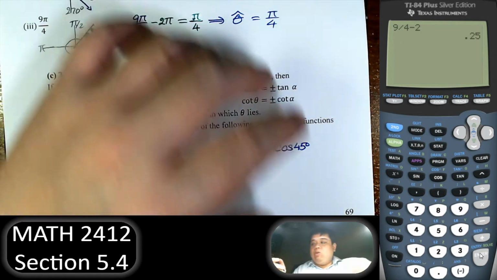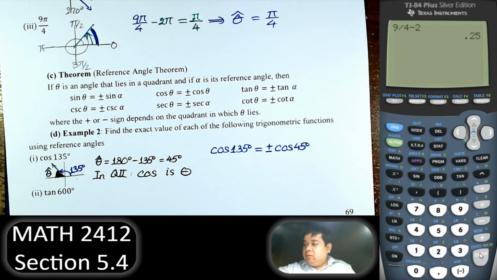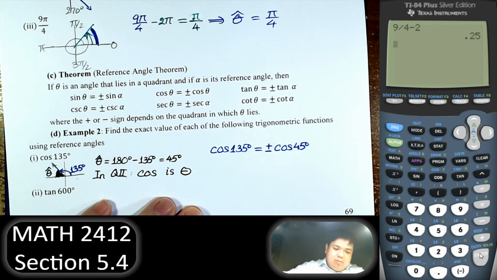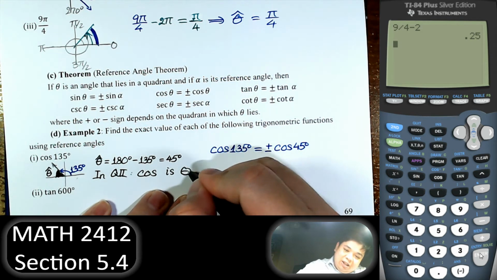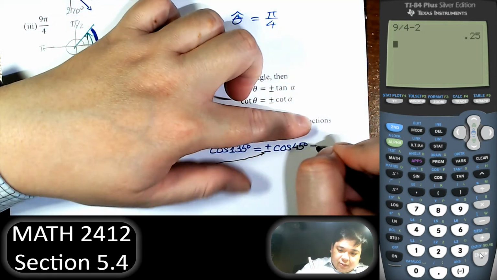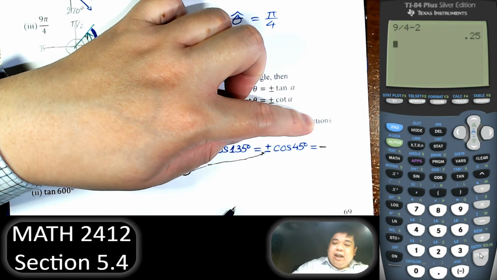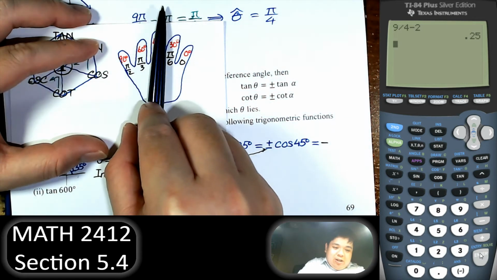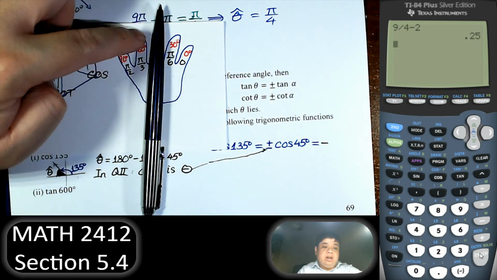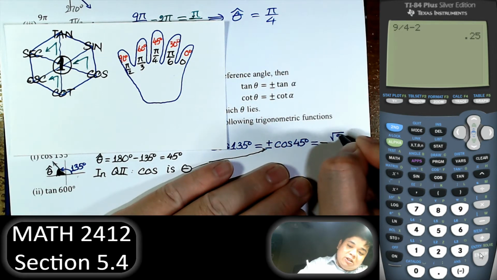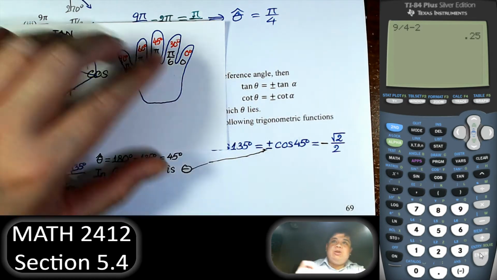So we can go from a trig function of an angle to a trig function of a reference angle. Could be plus, could be minus, but we just showed that it is negative. And then we have an angle between 0 and 90 degrees, so we can use 45 degrees. Cosine is the number of fingers on the left. That's 2. Take the square root of that, divide by 2. So that's what we have.